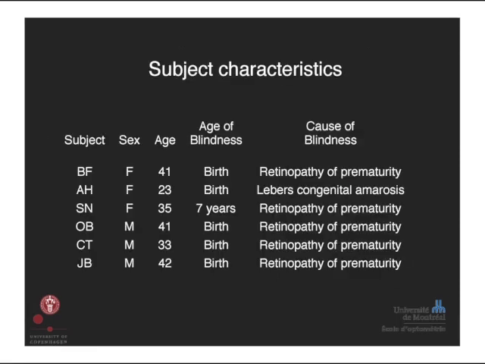Most of our subjects have retinopathy of prematurity. They were over-oxygenated as premature babies and lost sight. Occasionally we find other causes, like cancer, retinoblastomas and things like that, but most of our subjects are retinopathy of prematurity.